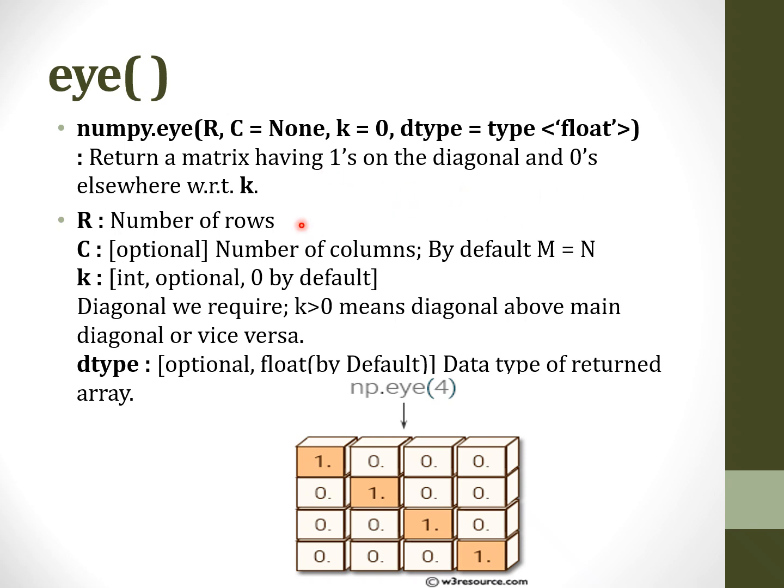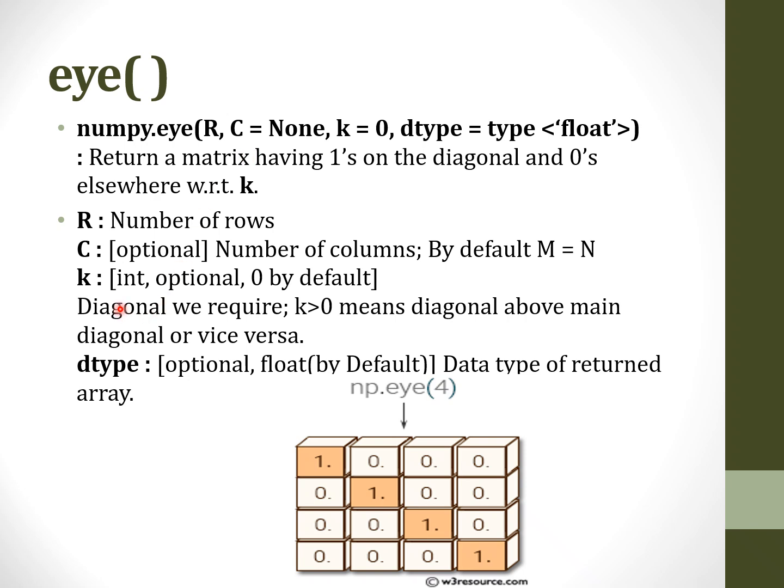R refers to the number of rows and C refers to the number of columns. If we do not explicitly mention the value for C, then by default it considers R equal to C, or number of rows equal to number of columns.